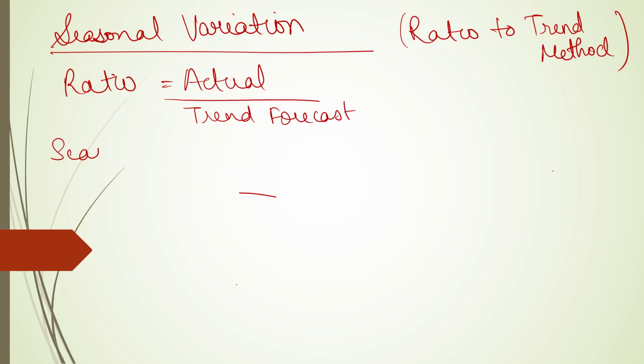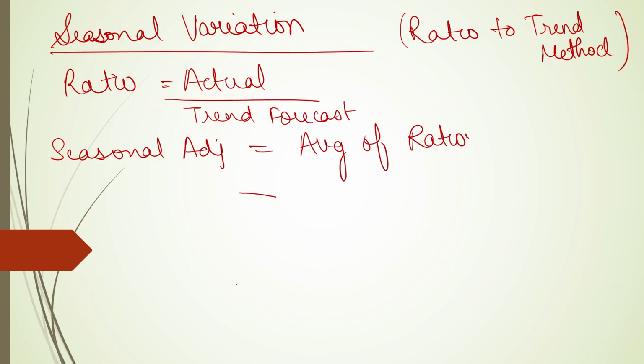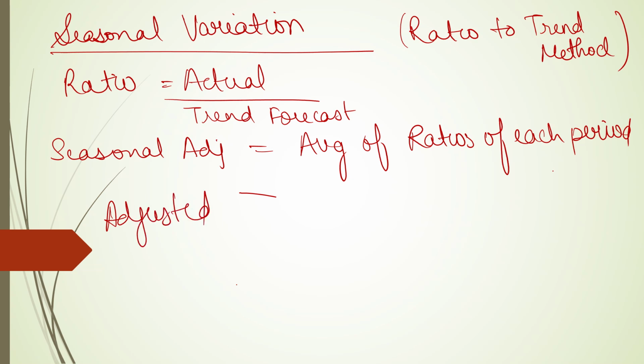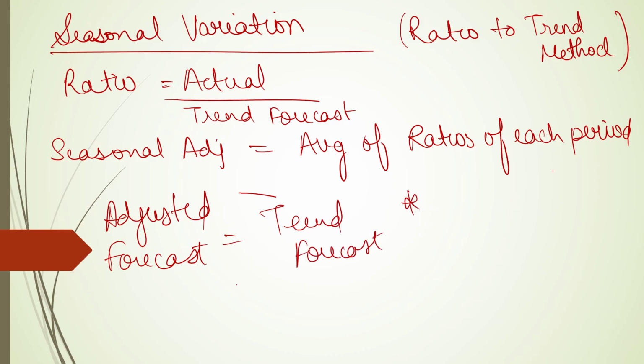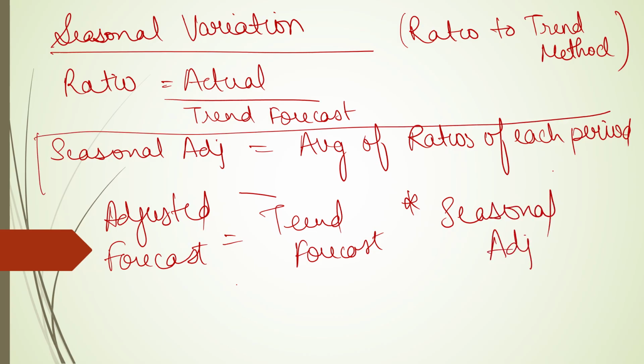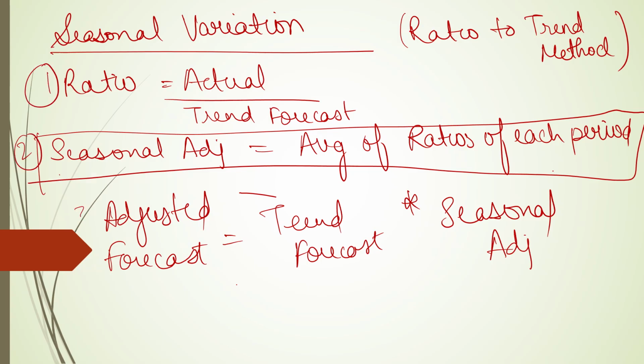Then seasonal adjustment is equal to the average of ratios of each seasonal period. And your adjusted forecast, this is very important, is equal to your trend forecast multiplied by the seasonal adjustment that you have calculated. So just three formulas and you're done.